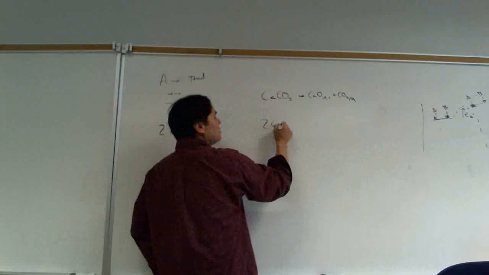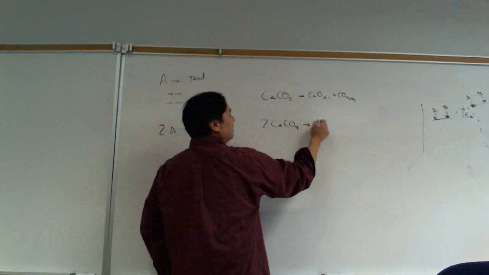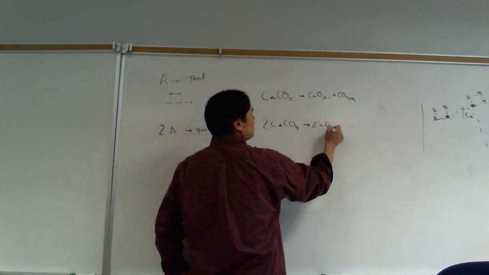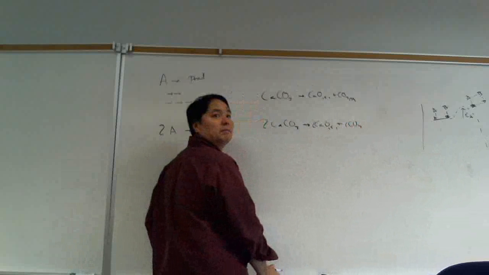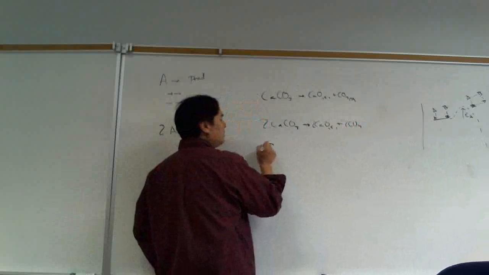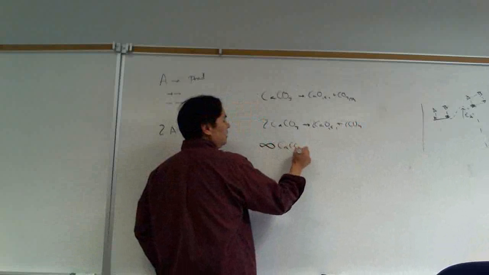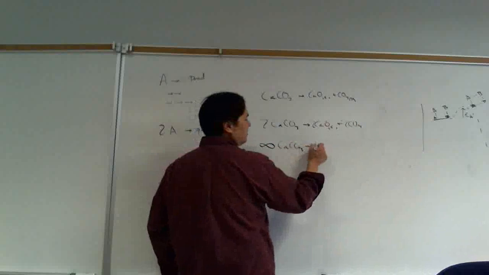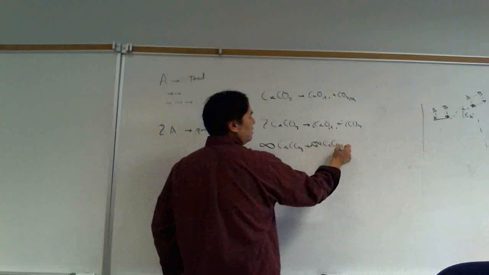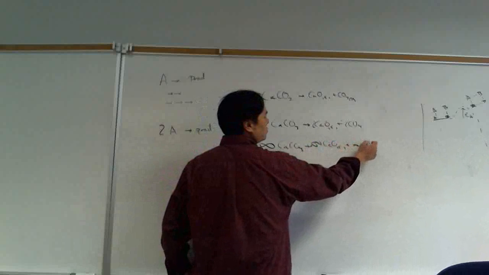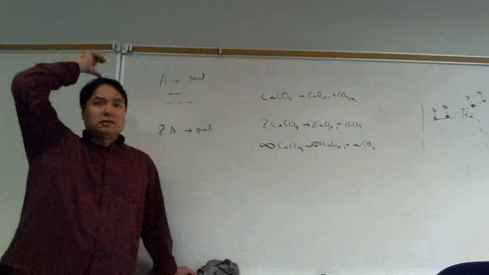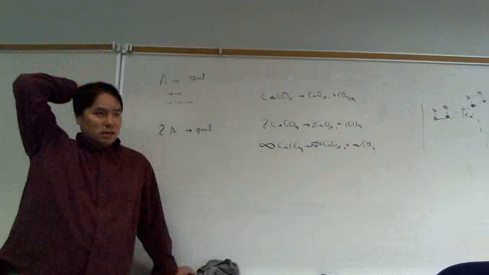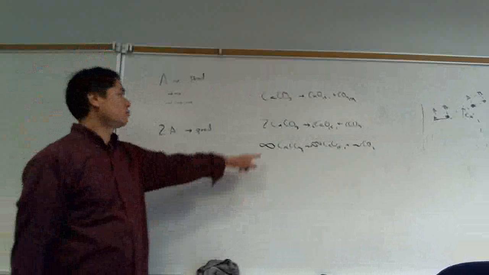And then if I do this, 2 calcium carbonate, 2 calcium oxide plus 2 CO2s. Bimolecular? What if I go infinity calcium carbonate, infinity calcium oxide plus infinity CO2? Infinity molecular?